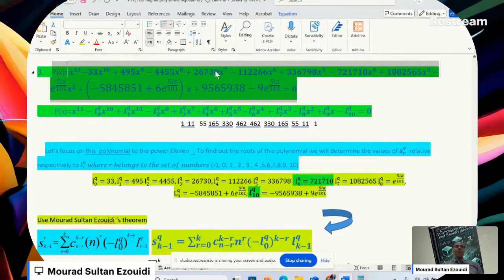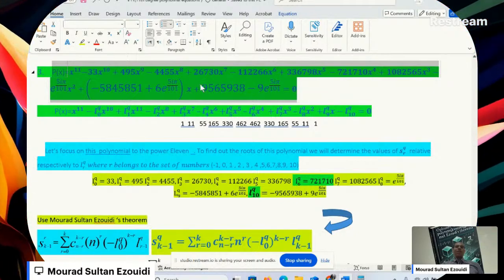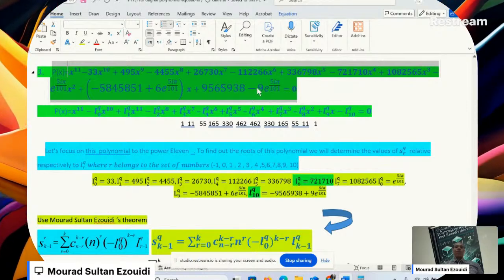So this is our 11th-degree polynomial equation.